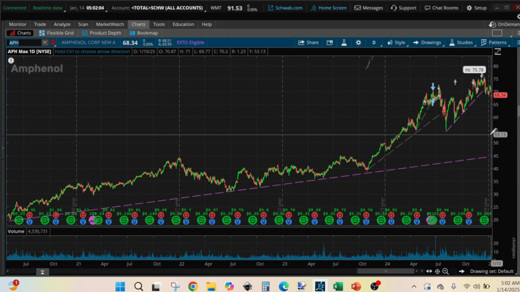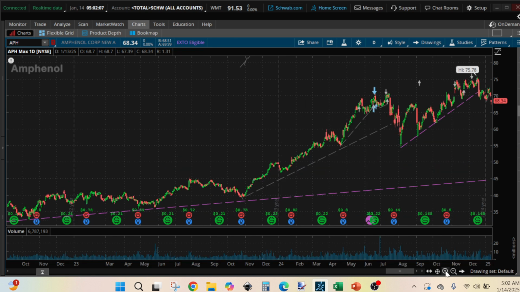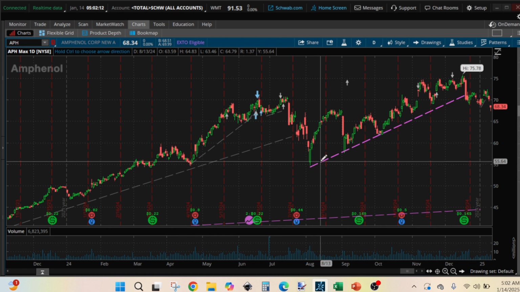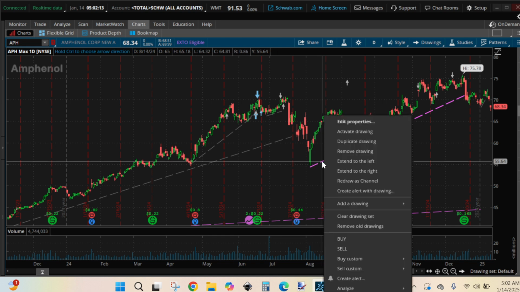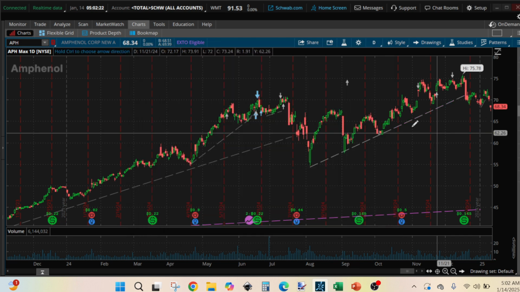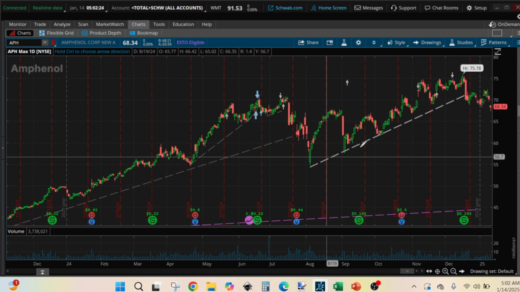So APH, at this point, I'm going to change this color to a gray so that it does not confuse me, because I don't want to buy on a trend line that is less than 1 year old. So the August trend line is below it right now.